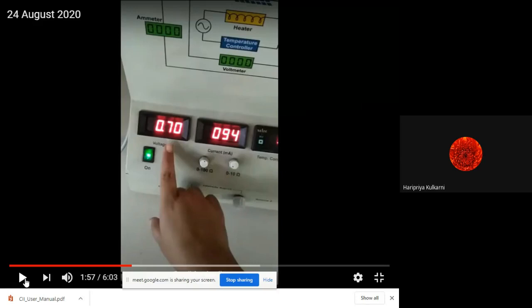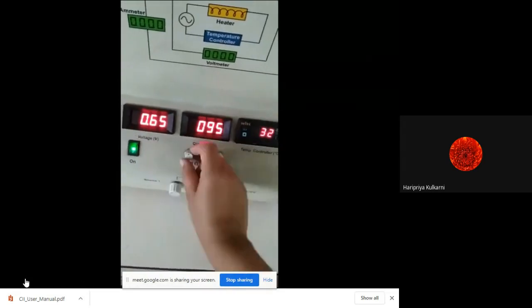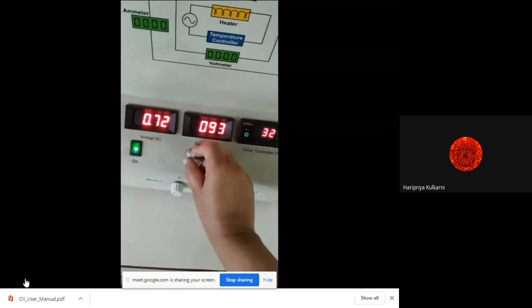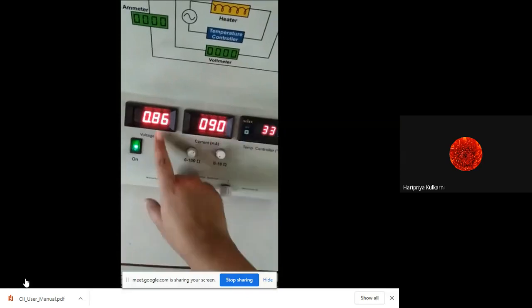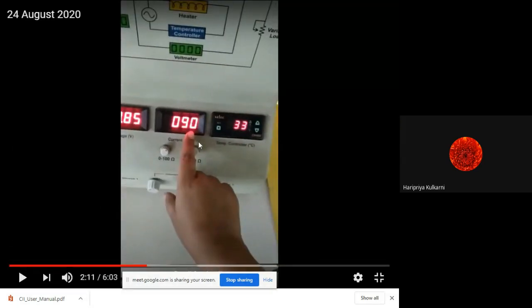So 0.7 volt, 94 milliampere. Actually you have to take the readings fast so that temperature won't rise much. Next reading 0.85 and 90.